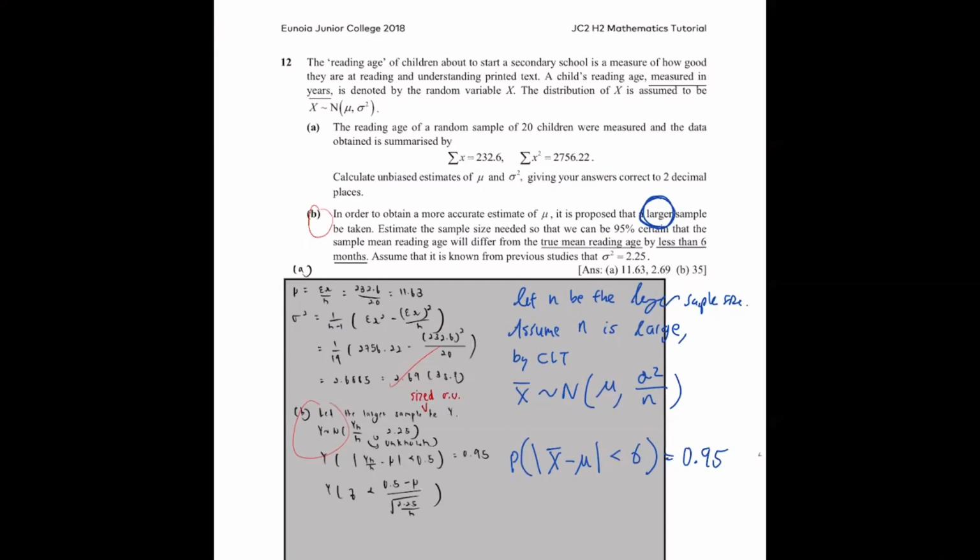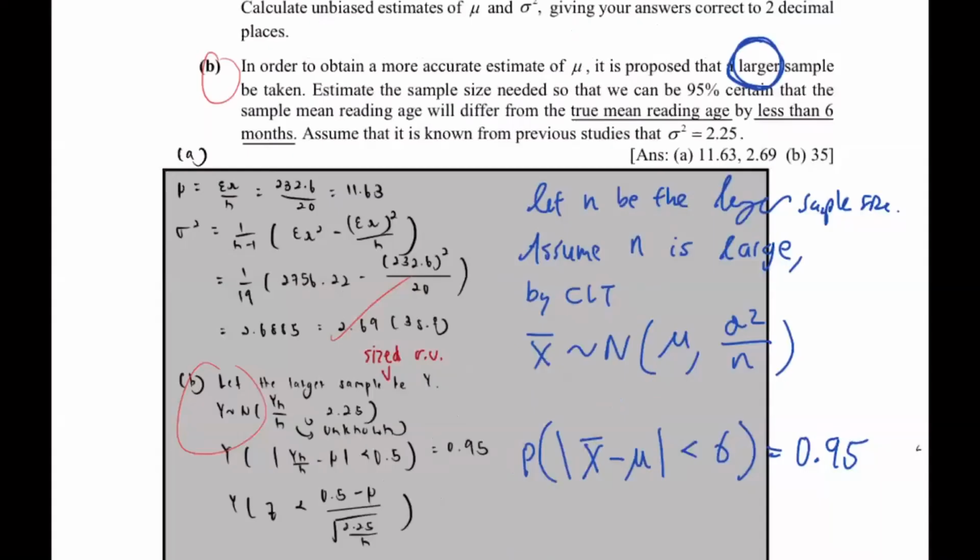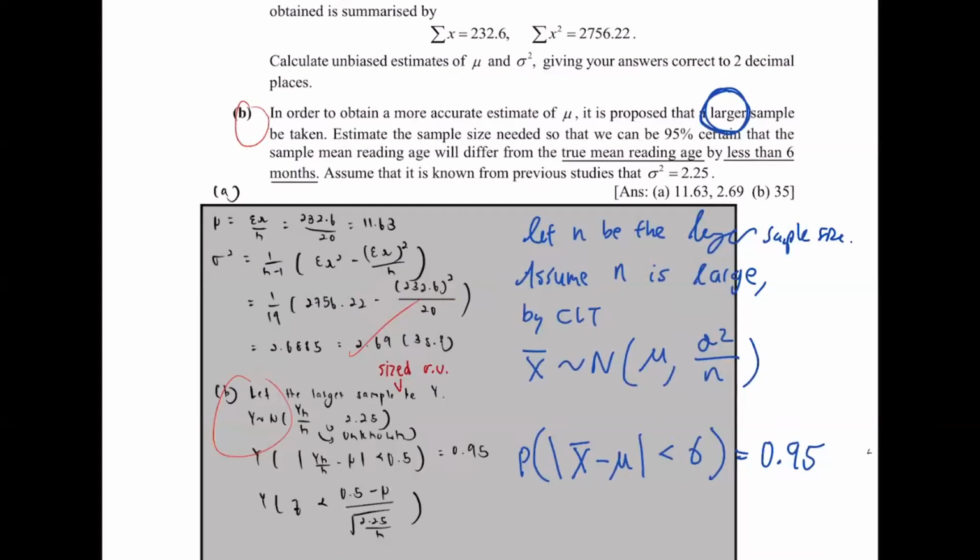Oh, sorry, I didn't read the question carefully. Okay, right, we can assume that sigma square is 2.25. So I can replace the sigma square here with 2.25, is it? Actually, in that case, if you just wrote down 2.25 without dividing by n, then it's totally wrong already, because you weren't answering the question on sample mean reading age. You didn't try to use this formula at all. So it's not 2.25, it's 2.25 over n.